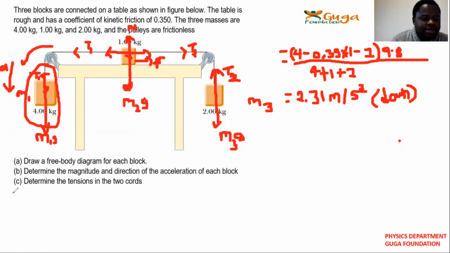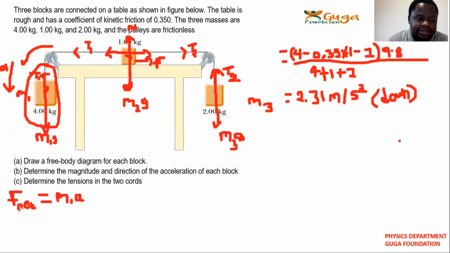Okay, so now you can do the same. You can say F net on the block will be equal to M1 A, right? Which are the forces acting on the block? You've got this one and this one.